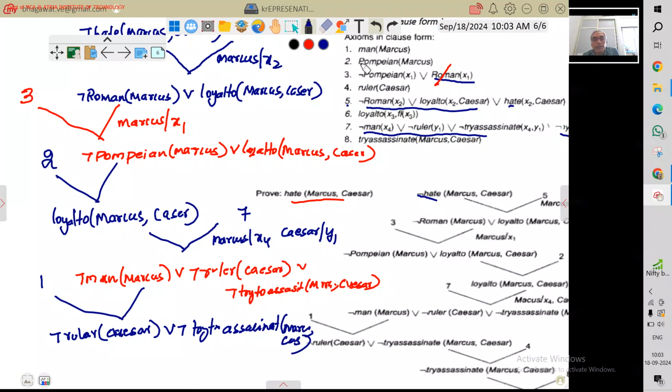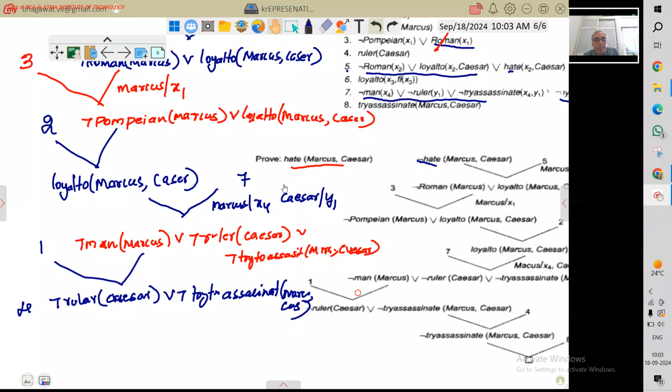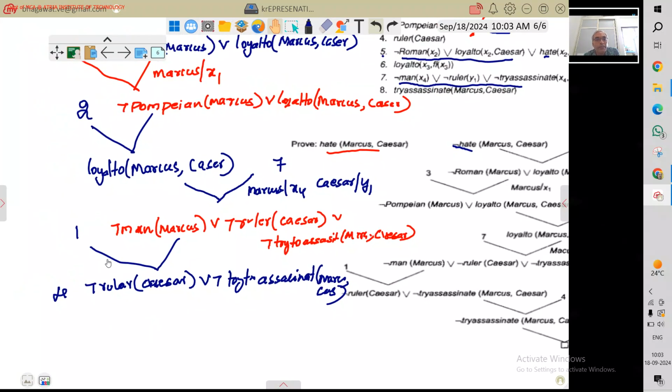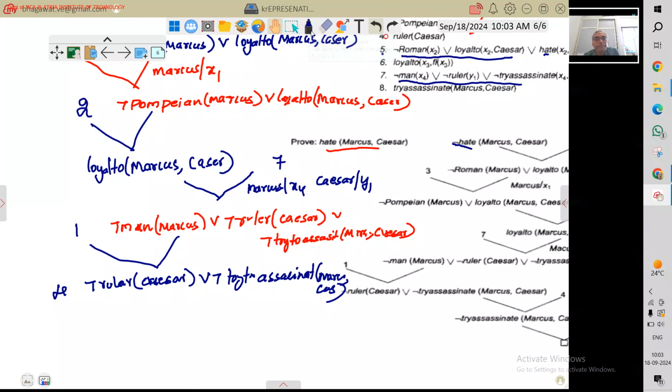Now again we'll check my knowledge base for ruler, negation ruler, so that I can try to cancel. We have got the fourth one here: ruler of Caesar, negation ruler of Caesar. If you consider the fourth one and further apply the resolution, ruler of Caesar and negation ruler of Caesar both get cancelled.